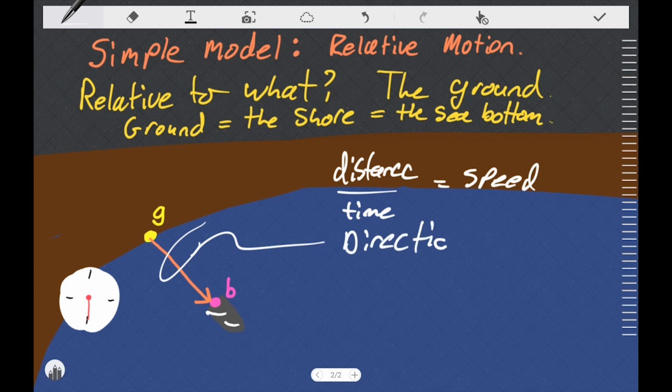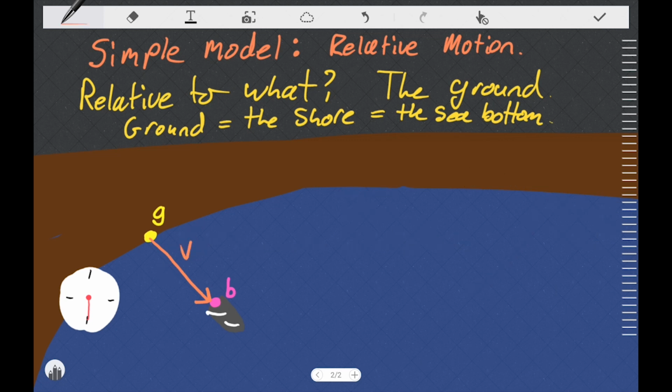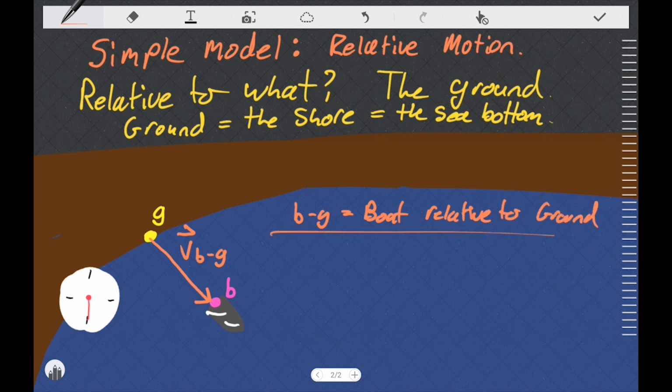We can also take the direction that the boat was traveling from that arrow. If we combine the speed and the direction, we have enough information to make a velocity vector. Let's label the velocity vector here V_BG, and in this case, BG is going to refer to the velocity of the boat relative to the ground.